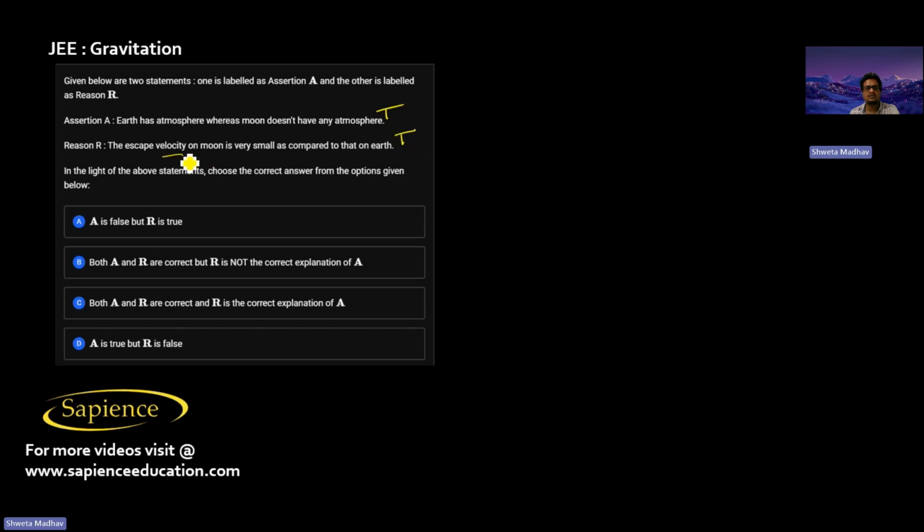Since the escape velocity of the moon is very small, and we know that the thermal velocity or the root mean square speed of any gas is more than the escape velocity on the moon, hence there is no atmosphere on the moon. So both A and R are true, but R is not the correct explanation of A. So option B is the correct answer.